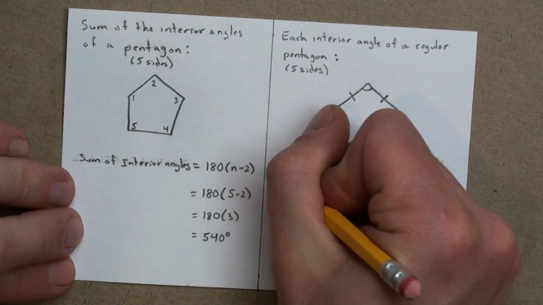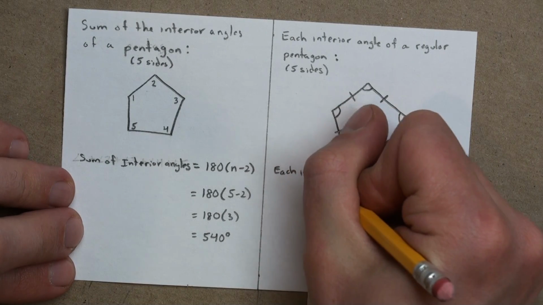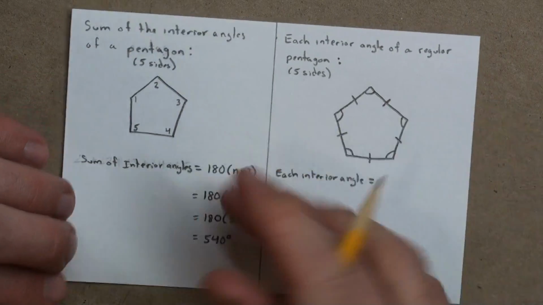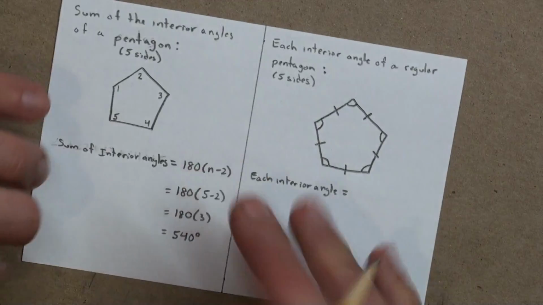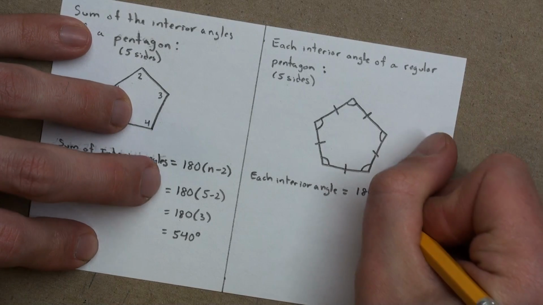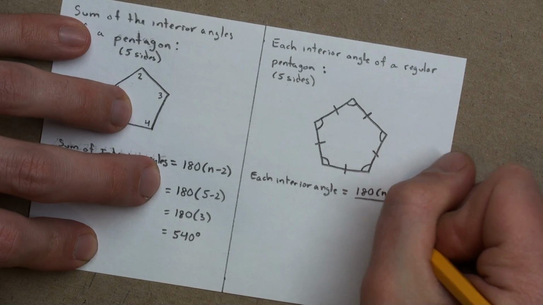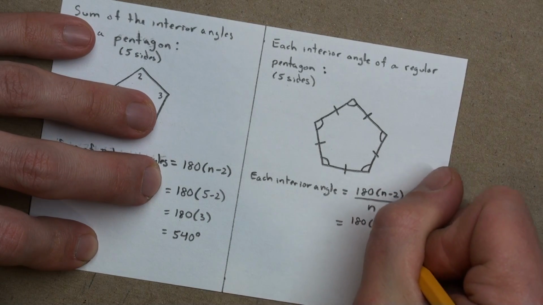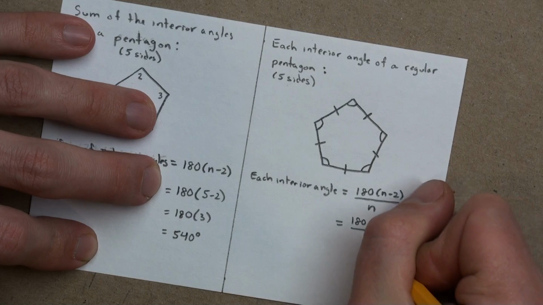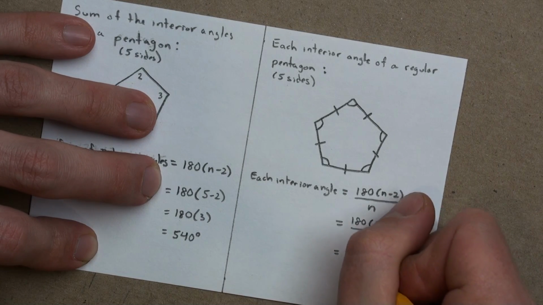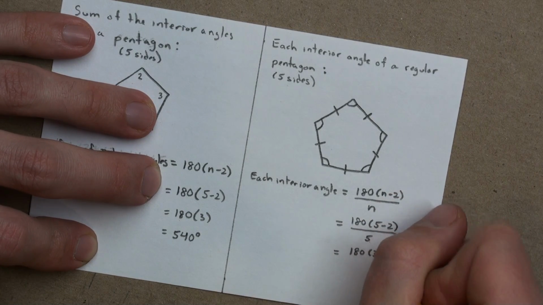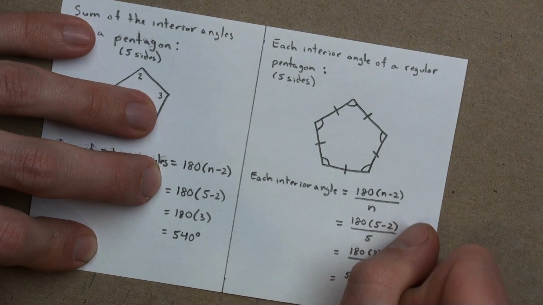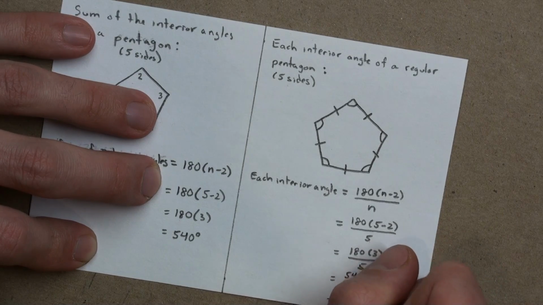Now let's put over here each interior angle equals 180 times n minus 2 over n, which is 180 times 5 minus 2 over 5. 180 times 3 over 5. 540 over 5.